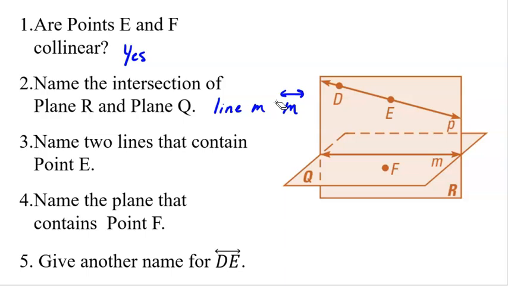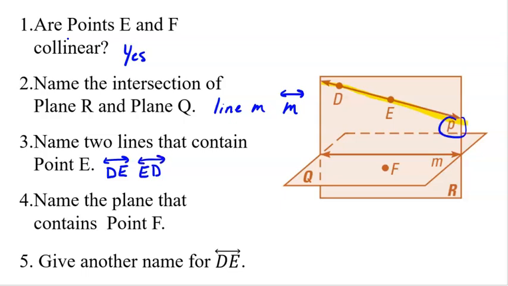Name 2 lines that contain point E. So we want to name any line that goes through E, and so we could name line DE. We could have also called that line ED.